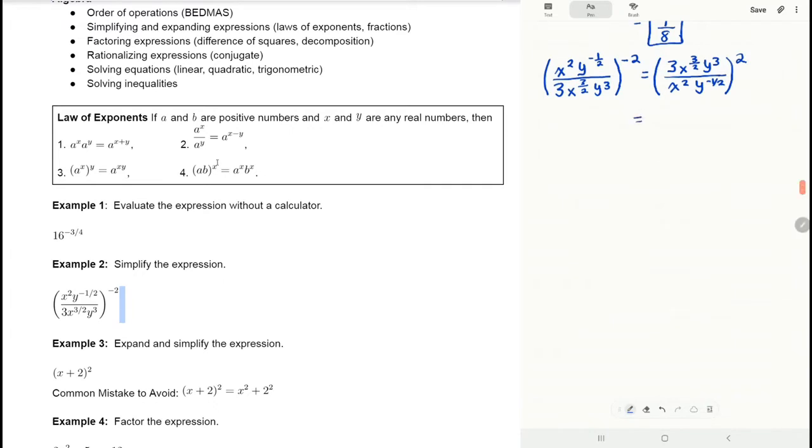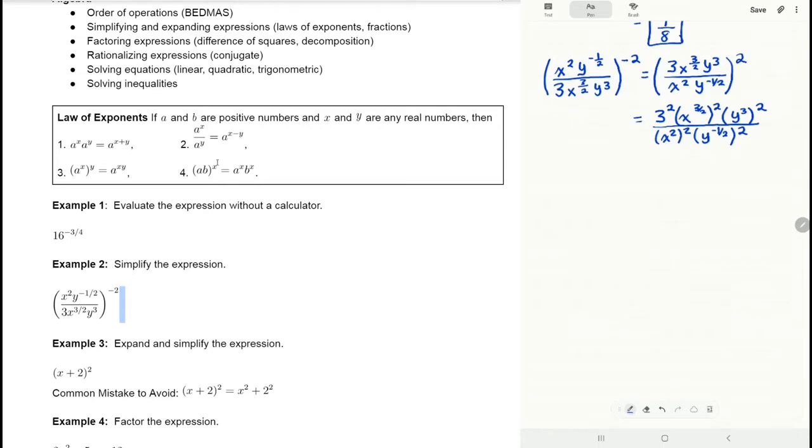So here we have 3 to the power of 2, and then we have x to the power of 3 over 2, and that is raised to the power of 2, times y cubed raised to the power of 2, divided by x squared to the power of 2 times y to the negative 1/2 raised to the power of 2.